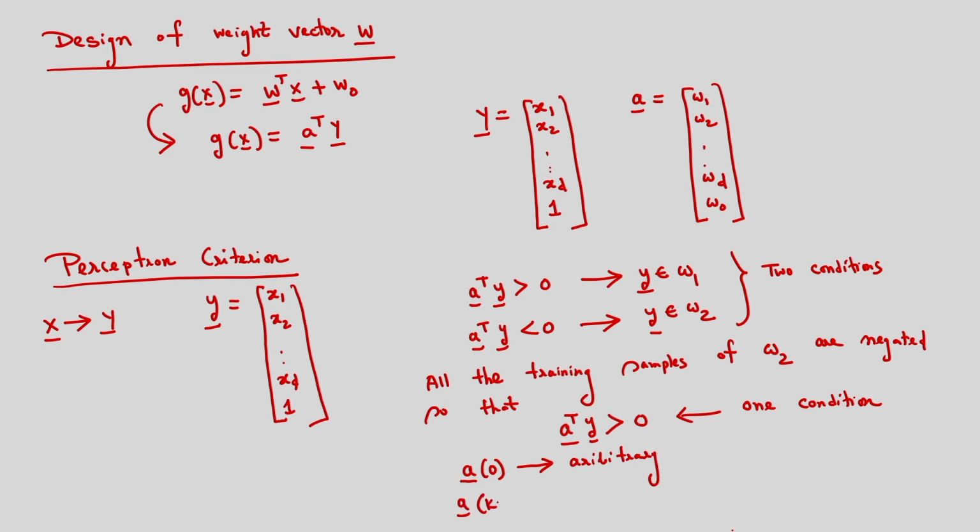In the k plus 1 iteration, ak plus 1, my updation rule is like this: ak, and eta is the learning rate, and we are considering the gradient of the criterion function, that is the perceptron criterion function Ja. So what is the perceptron criterion? What we have considered? So move to the next slide.